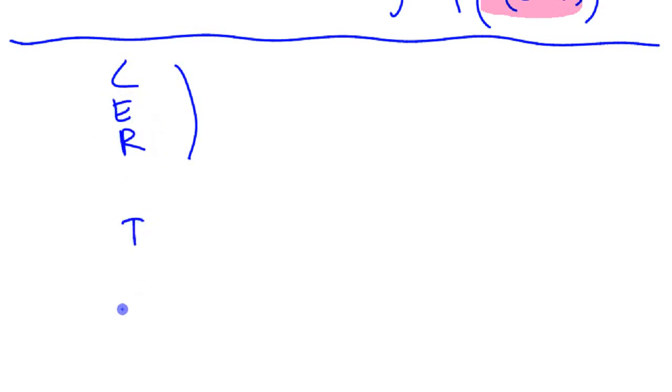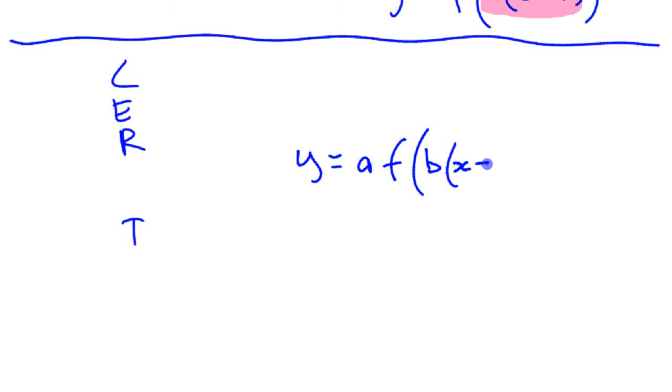So if you do the translations, the simplest thing to do is if you have a function in this standard form, as in you have some number times f, and you have some other number, and you have x plus or minus h, this is our standard form.